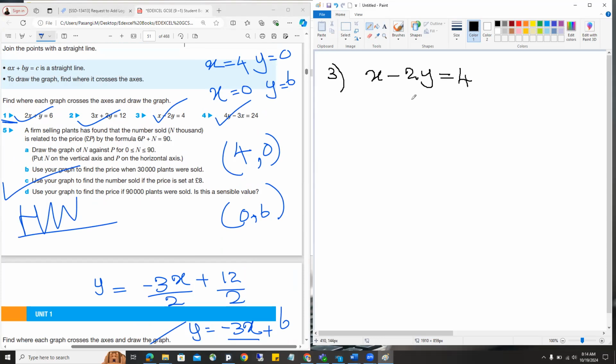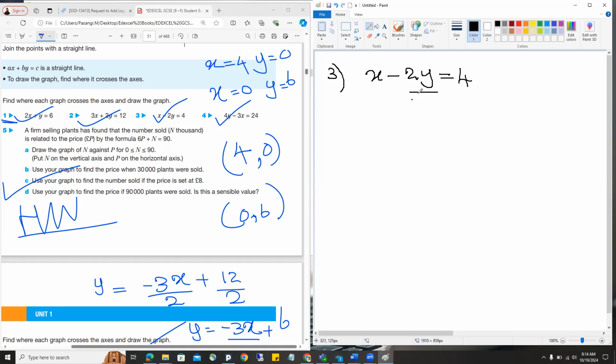Yes, miss. Then did you convert into the standard form? That's the problem, miss. Okay, so what we can do, I'm telling you kind of an easy method.